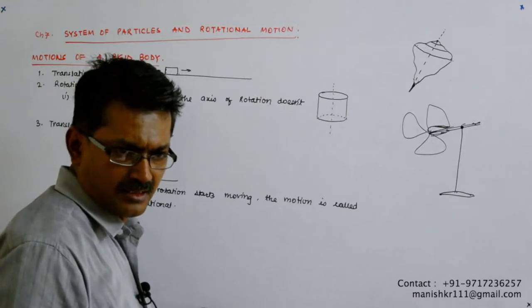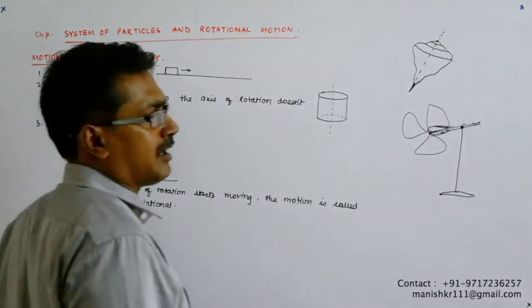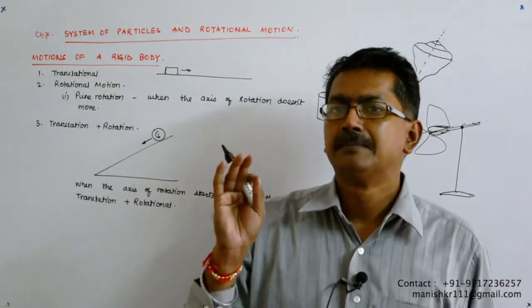You understand it? This kind of motion, where a moving axis of rotation passes through a fixed point, is called precession.